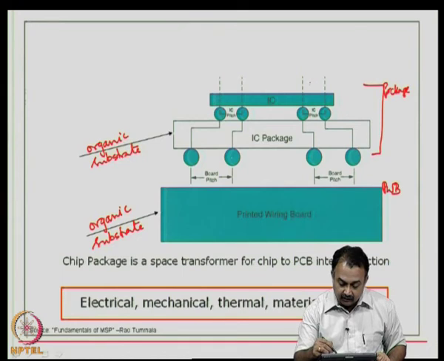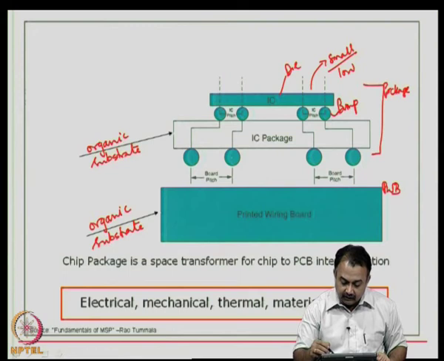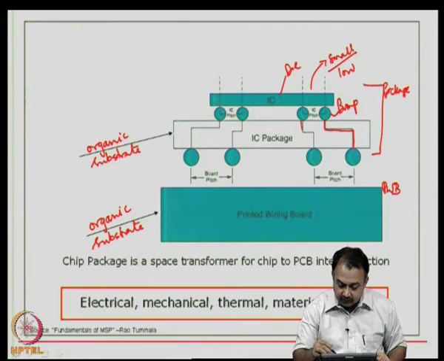Here this is the die and this is the bump that comes out from the die. So, you can see that this pitch is very small, a low pitch die. Then the IOs from the bump are space transformed through the multi layers of the IC package.